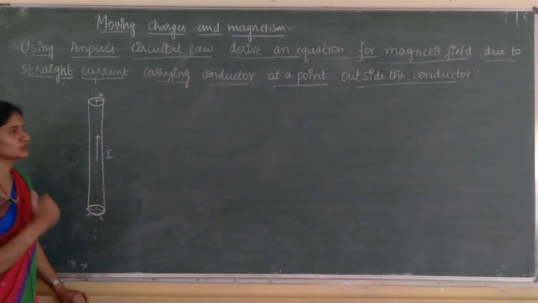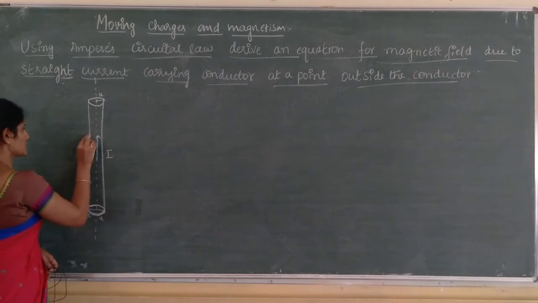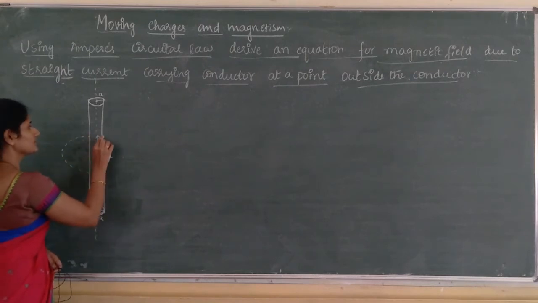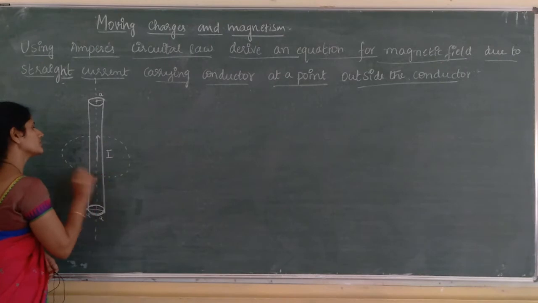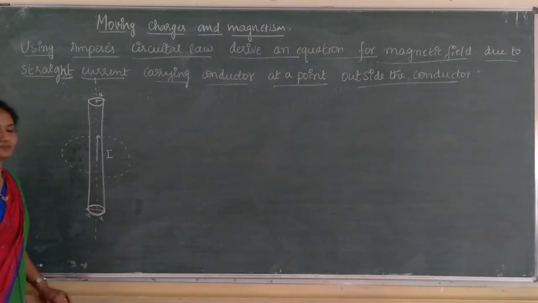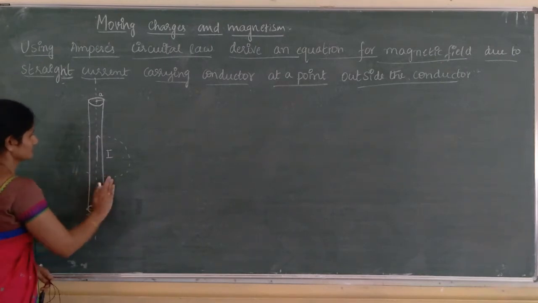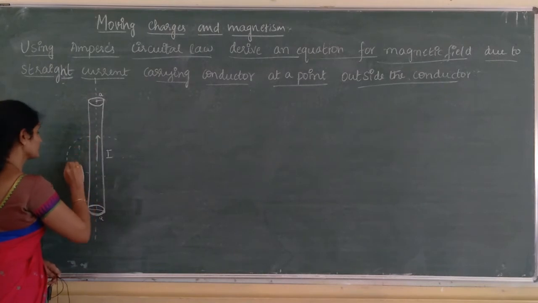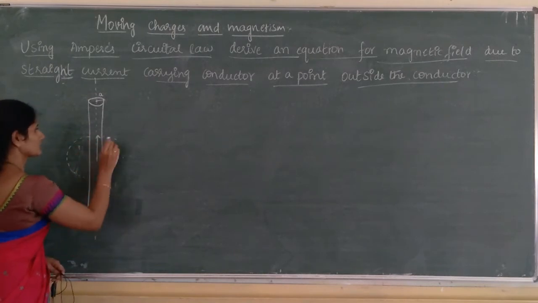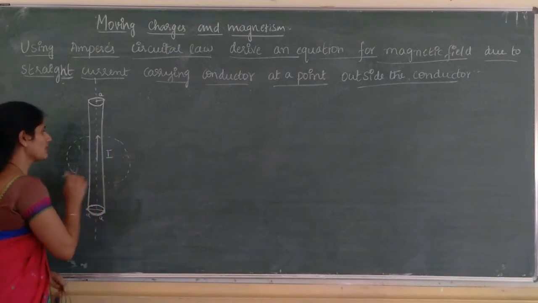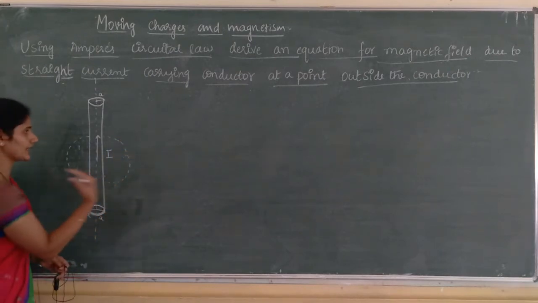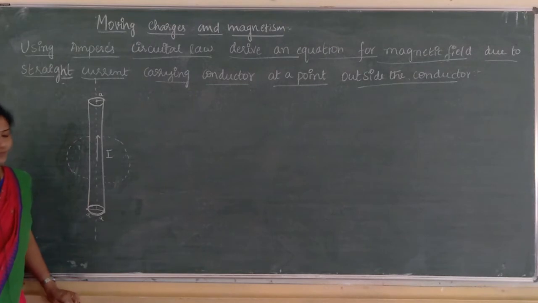When current flows through the conductor, we know that around the space we have magnetic field lines. So, this is the magnetic field line or the magnetic field. So, this is the magnetic field which is created around the conductor.